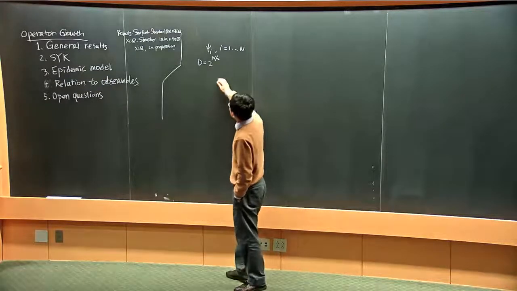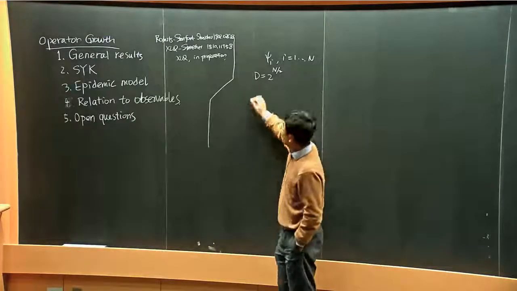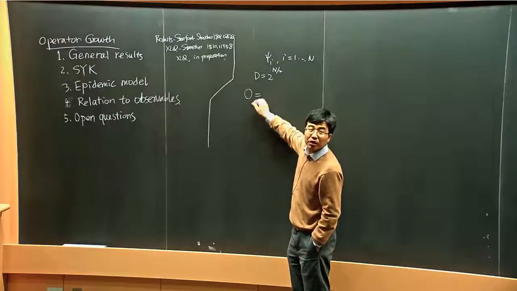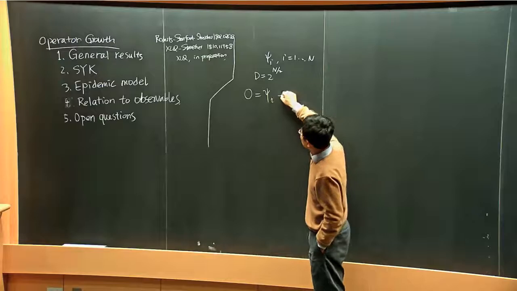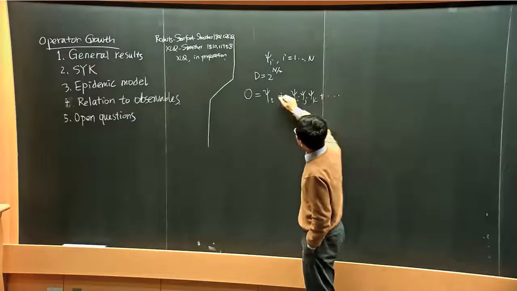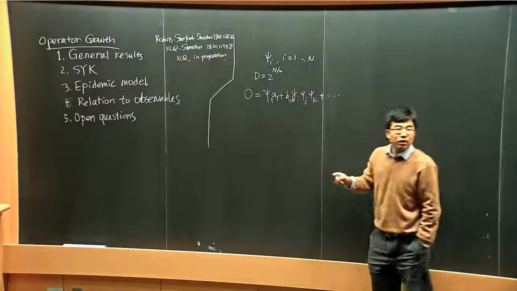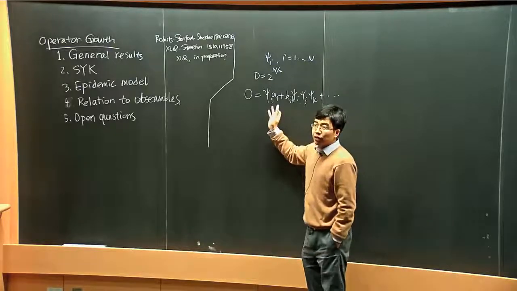In that Majorana fermion system, the size of an operator is simply defined as follows. Let's say this is a fermionic operator. Then you can expand it in some superposition of these products of fermions, and so on. It's just like viewing this as a wave function.